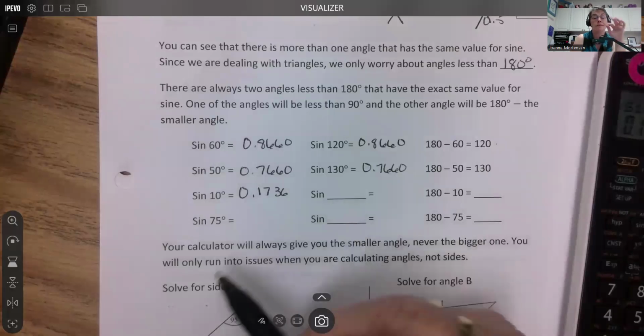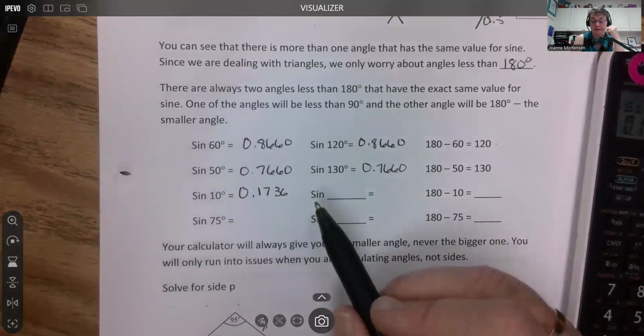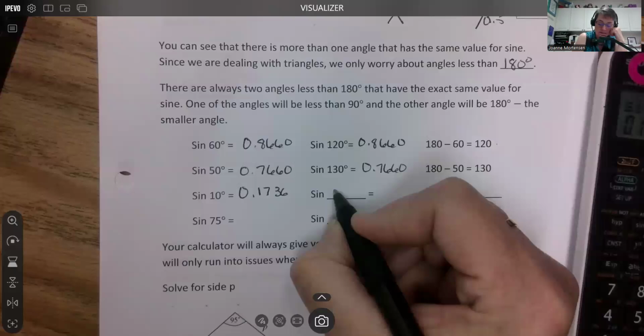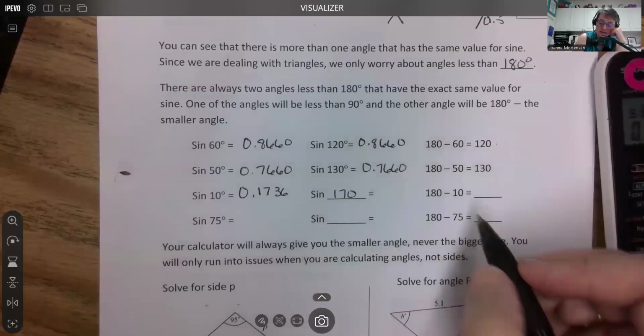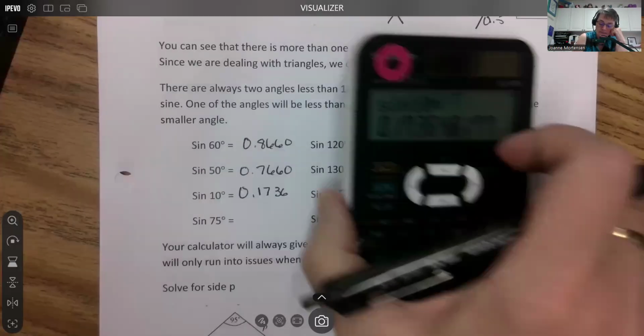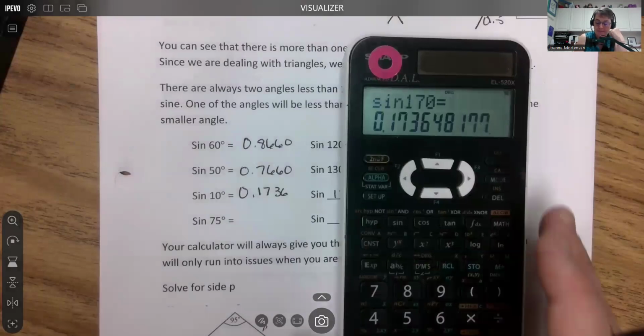It doesn't matter unless you're taking trig or calculus. This should be 170 because 180 minus 10 is 170. So let's just see. Sine 170. Yep.